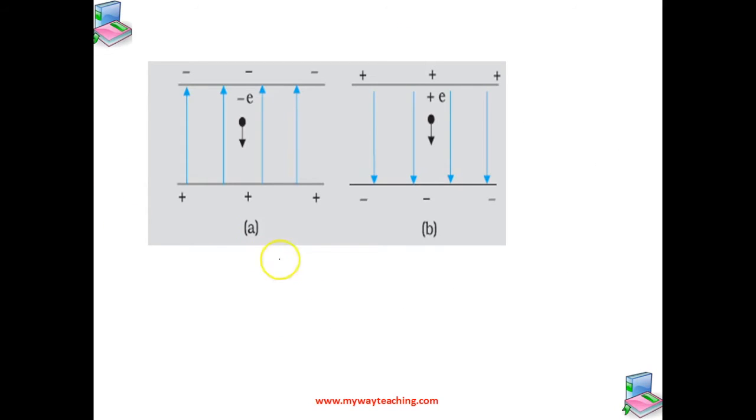You can consider figure A and figure B here. So in the first figure, the field is upward. So the negatively charged electron experiences a downward force of magnitude eE, where E is the magnitude of electric field. And in that case, the acceleration of electron will be force by mass of electron.